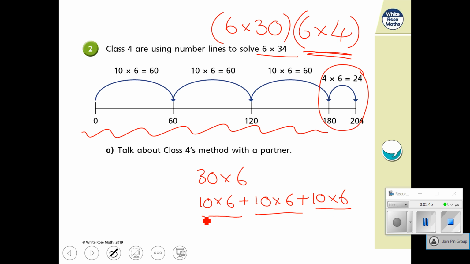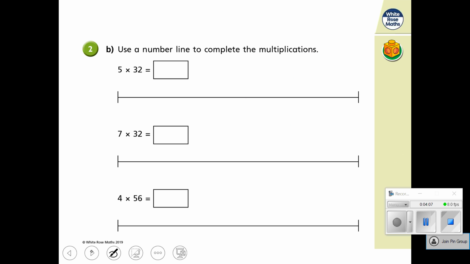And if we look here on our jumps, 10 times 6 is 60, add another 10 times 6 is 120, and then add another 10 times 6, which is 180. So if we have 180 and we add on our 24, our answer is 204. Let's try that with the next few examples.